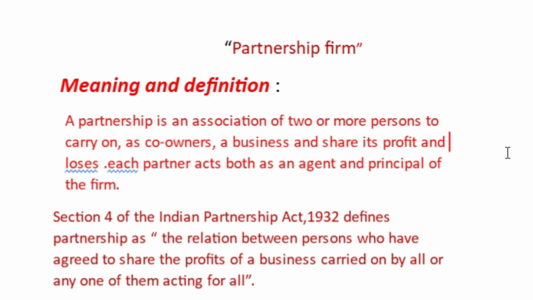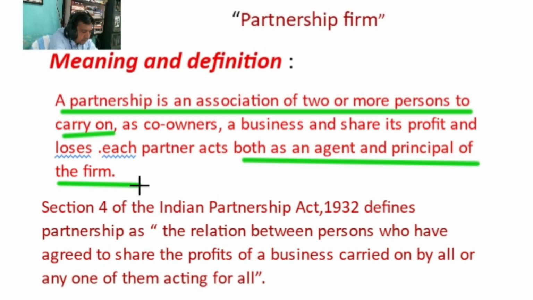Similarly, if other partners have taken a loan for business and the partnership firm does not have sufficient assets to pay the loan amount, then the partner will bring personal assets to pay the loan. At this moment, partners are acting as a principal. So this is the meaning given about the partnership form.